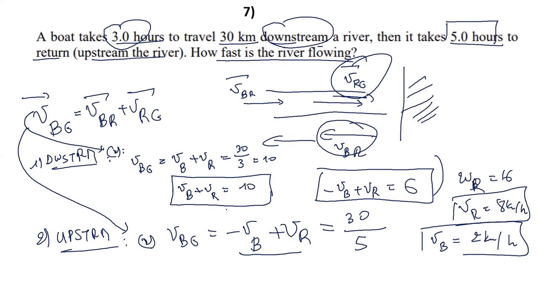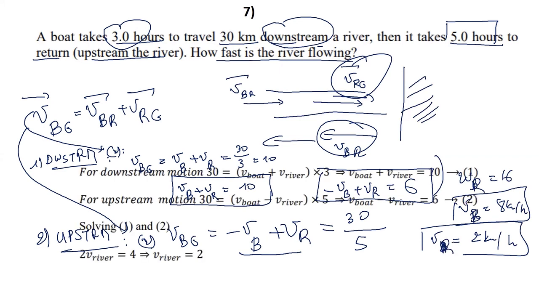Okay, so when I add them, I will have this. No, because the V boat should be bigger than the V river. So basically, the V boat will be 16 and the V river will be 2, right? Yes, this is what I expect.